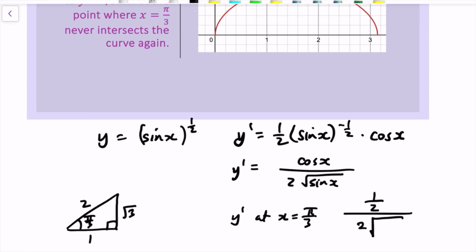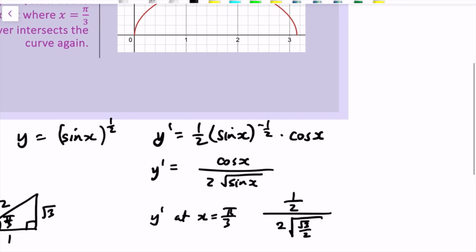Square root of sine x, or sine x, is root 3 over 2. So that there is our gradient. And of course we then need to evaluate that. We could leave it in exact form, but it's a little bit messy. So if I just type that in, we've got 0.5 divided by 2, also divided by the square root of root 3 over 2. Okay, and that comes out to be 0.2686.